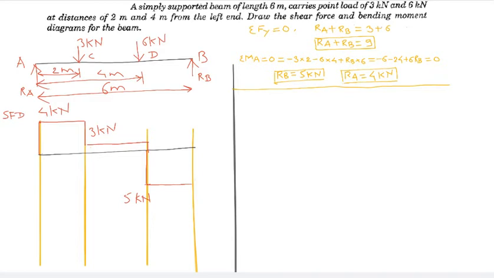Then at point B, the reaction is acting, which is equal to 5 kilonewton. So that reaction we have to consider 5 kilonewton, which is in an upward direction. So your diagram will also be moving in an upward direction. In this way, your diagram will end at the beam line, and the portion of the diagram above the beam line will be positive shear force. The portion below the beam line will be negative.